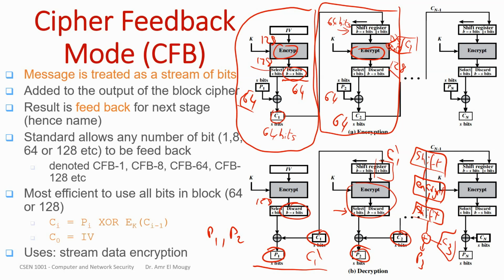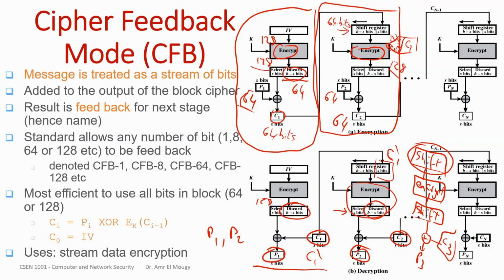Okay. So let's assume that C2 and C3 do not have errors. The content of the shift register that you pass to the encryption algorithm in this stage will depend on C2, which does not have errors, and will depend on the discarded bits of the stage before it.